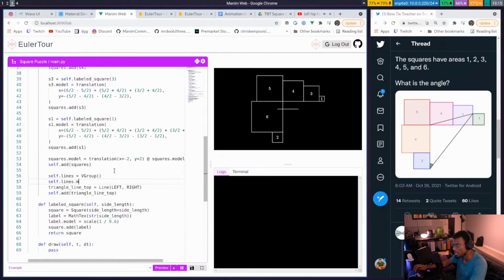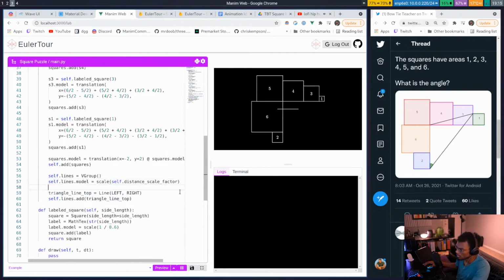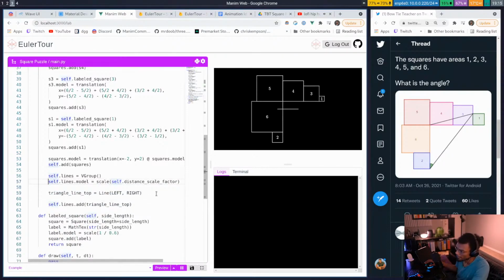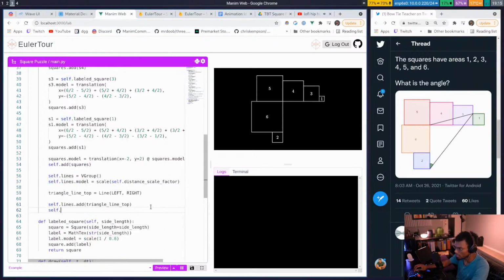We can do self.lines.model, and this will be that self dot distance, whatever, this. I can do self.lines.add that. Then I have to add self.lines. Okay, and this did scale it a bit, which is correct.